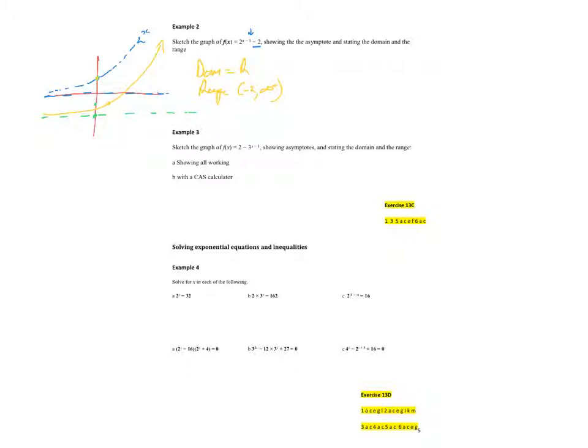Same thing. Let's have a look. I might do the graph over this side this time. So I might just rewrite my equation to be f of x equals negative 3 to the x minus 1, plus 2. So straight away it's up 2 units, right 1 unit, and a reflection about the x-axis.